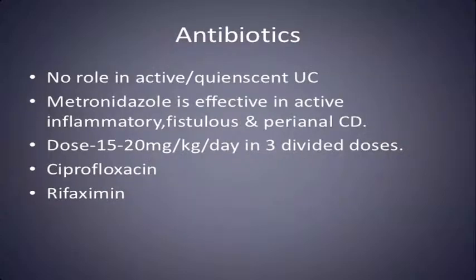Antibiotics generally are not used in quiescent disease, but metronidazole is effective in active inflammatory disease where there is fistula and perianal disease, particularly Crohn's disease. And then some antibiotics such as ciprofloxacin are used when required or as indicated in the acute phase.